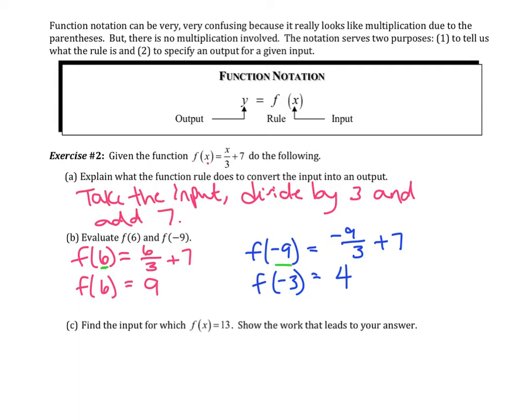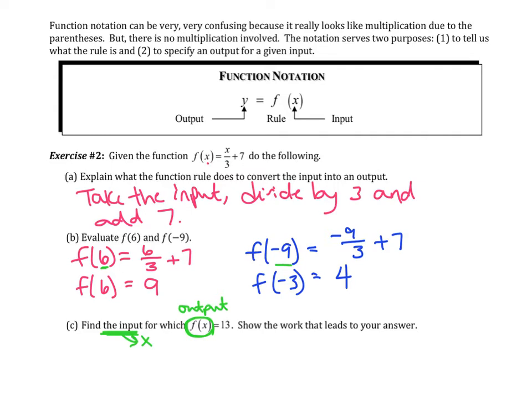Okay, next we're asked to do something a little bit different than we've been asked up to this point. This time we're asked to find the input. Remind me, what is the input? It's the x, for which f of x equals 13. F of x, remember, is the output, equals 13.